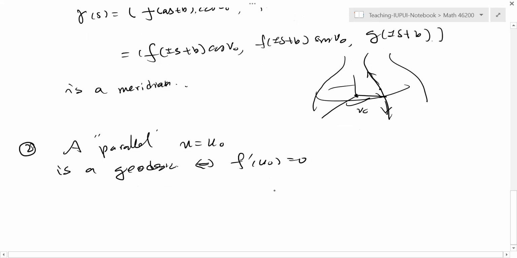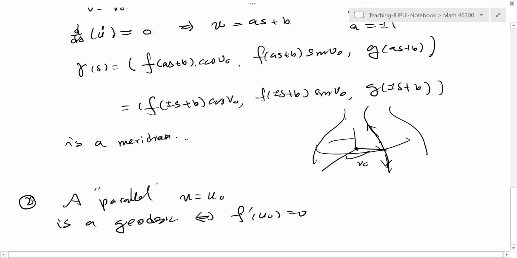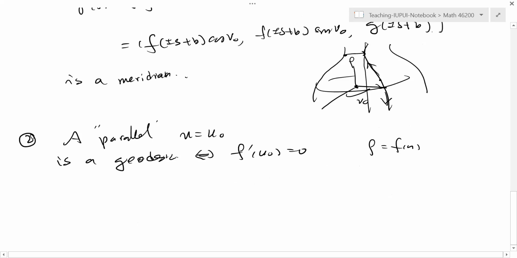Let's understand the geometric meaning of that. Remember the distance from that point to the axis is rho, and rho is going to be f of u, right? So that means as long as u0 is a critical number, for example when rho has a minimum value or maximum value, those give you a geodesic.